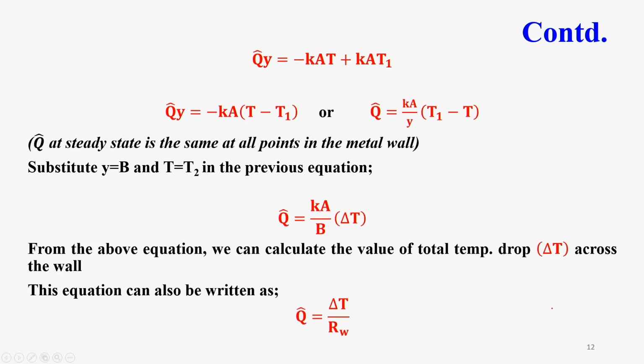If you put this value, we simply get delta T. So, it says Q into y equals minus K A (T minus T1), or you can remove the minus sign and say K A delta T from one side.